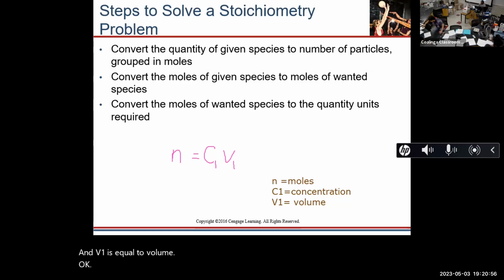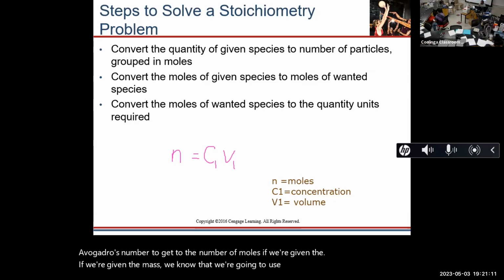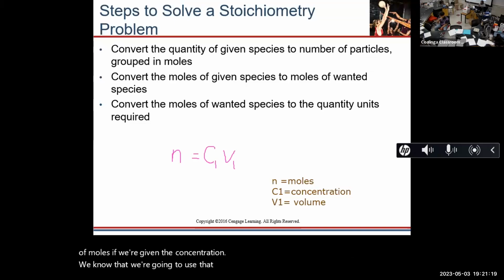So if we're given the number of particles or atoms or molecules, we know we're going to use Avogadro's number to get to the number of moles. If we're given the mass, we know that we're going to use the molar mass to get to the number of moles. If we're given the concentration, we know that we're going to use that volume to get to the number of moles. Okay.